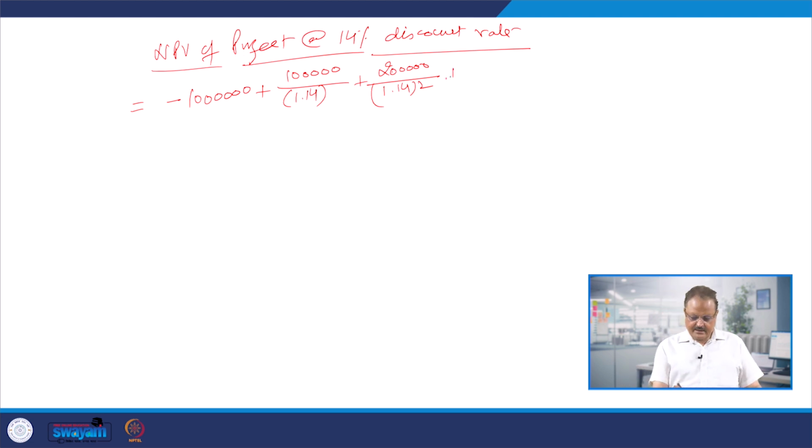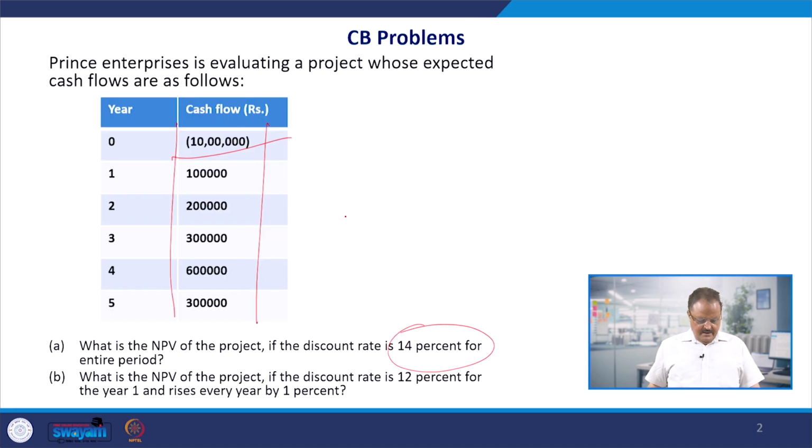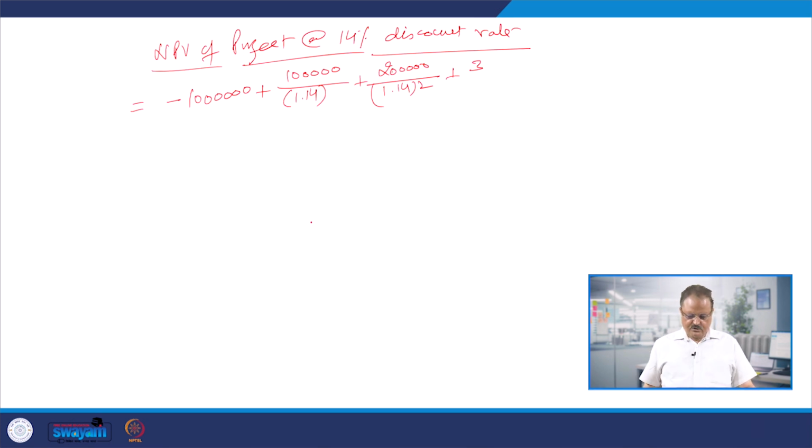And then you have to take the third cash flow. Let me check here. The cash flows given to us are 1 lakh, 2 lakh, 3 lakh. So first we have taken the 1 lakh, we have taken the 2 lakh, and now we are going to take the 3 lakh. This is the 3 lakh cash flow, and we are going to discount it by 1.14 power 3.